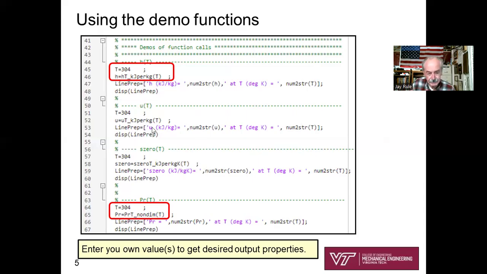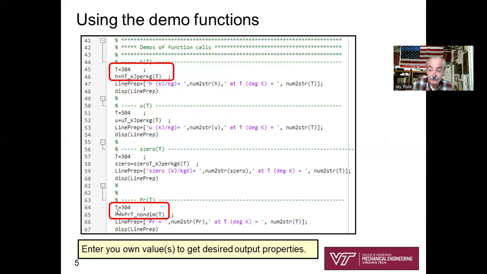Then finally, let's jump down to this function called PR of T. Well, that's the relative pressure. For those of you that maybe have done some engineering problems, isentropic processes, reversible and adiabatic, involve the property called PR. So if you know T, you can look up PR.